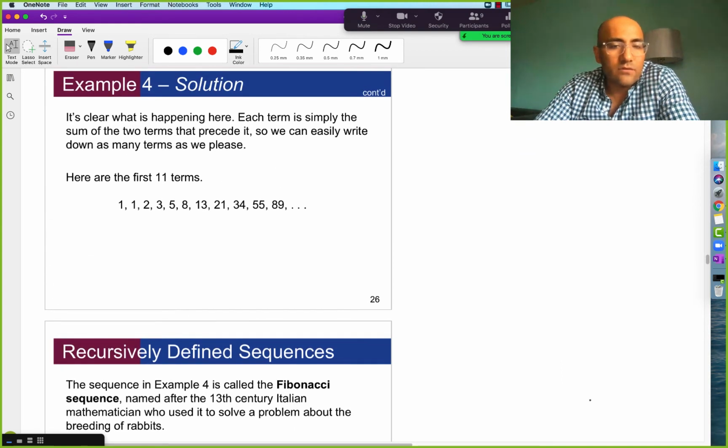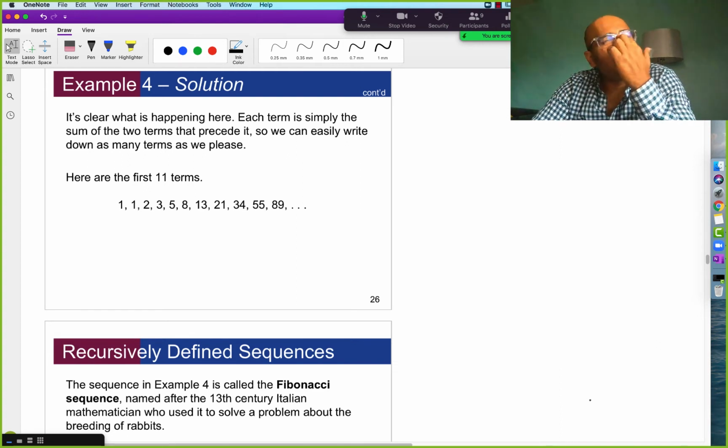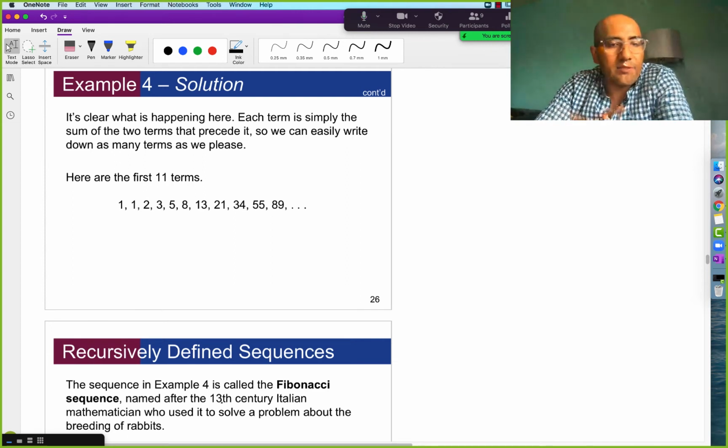So breeding rabbits somehow is connected to this Fibonacci sequence, the way a group of rabbits will grow in a population. Now I think there's probably some tweaking that happens there. I don't think you want to start with one rabbit and one rabbit. That seems weird.